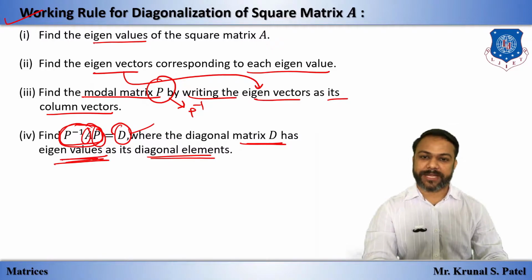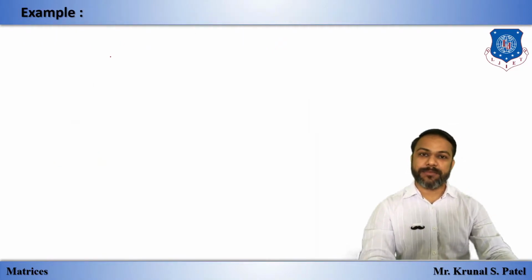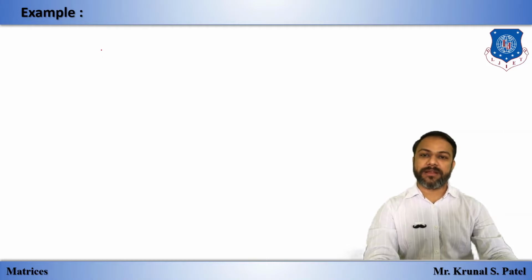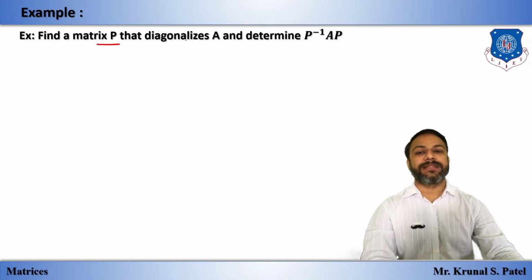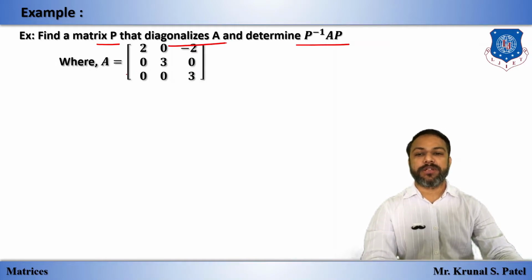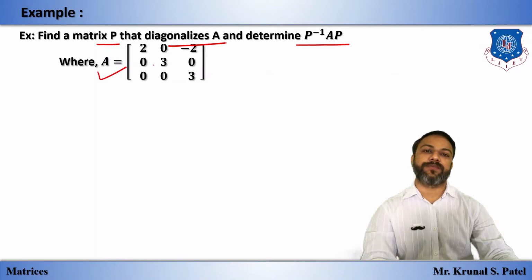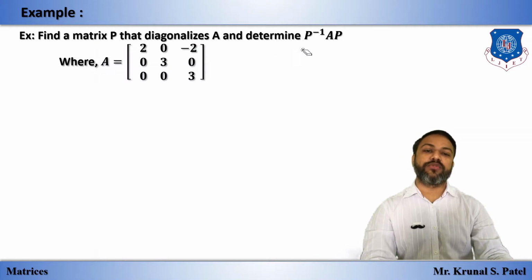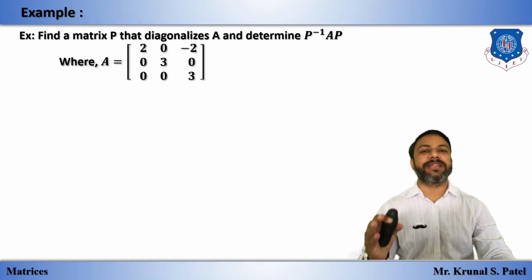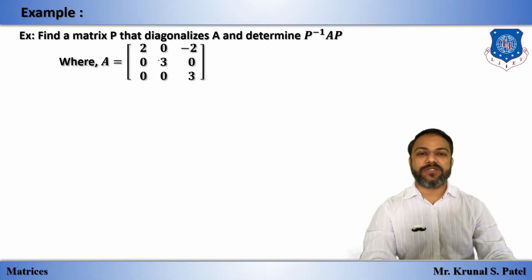We will check this with an example so you can understand better. Find matrix P that diagonalizes A and determine P inverse AP for the given matrix A. Now, matrix A is given, so we would find the characteristic equation lambda cube minus S1 lambda square plus S2 lambda minus S3 is equal to 0.